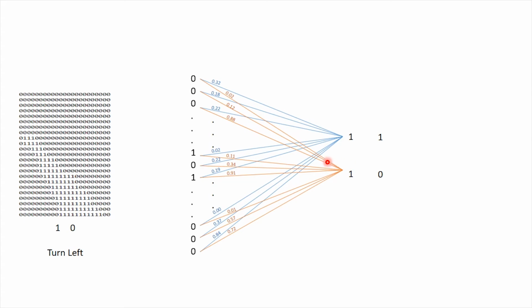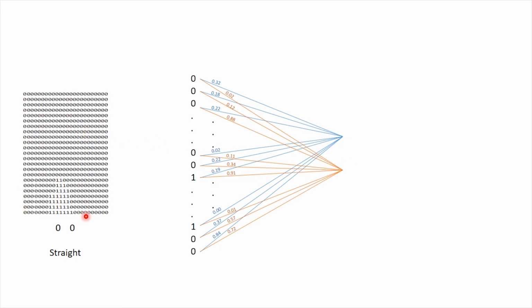Well, now we can try with another image. The second image is the straight image, which will have the label 0 and 0, which means straight. So again, if we try the same random numbers as in the previous examples, we will expect the algorithm to respond to this image with a 0 and 0, which is the corresponding label.